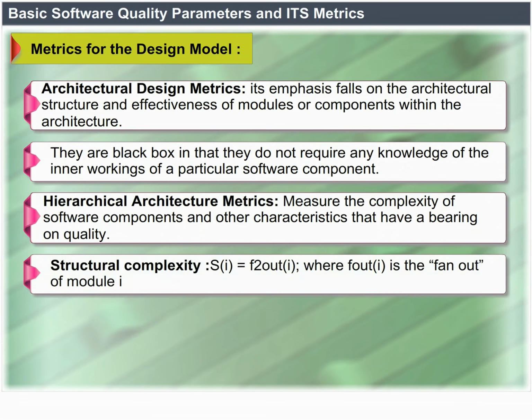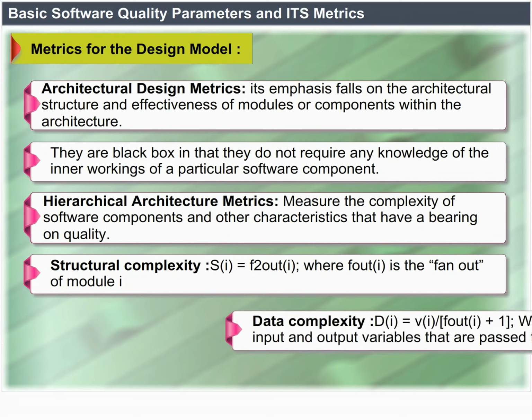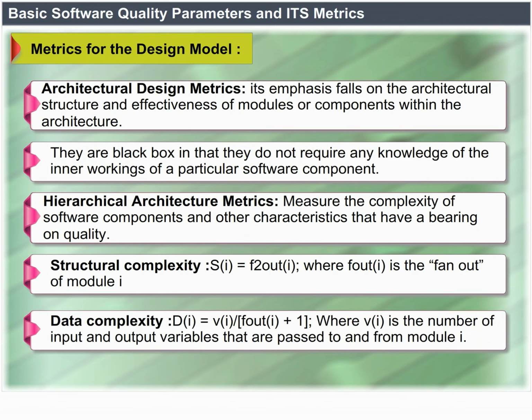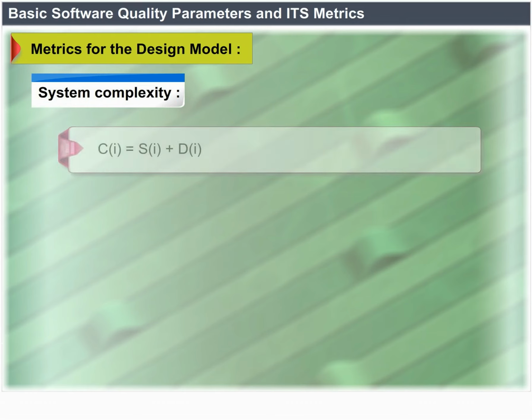Structural complexity: S(i) = f_out(i)², where f_out(i) is the fan-out of module i. Data complexity: D(i) = v(i) / (f_out(i) + 1), where v(i) is the number of input and output variables that are passed to and from module i. System complexity: C(i) = S(i) + D(i).